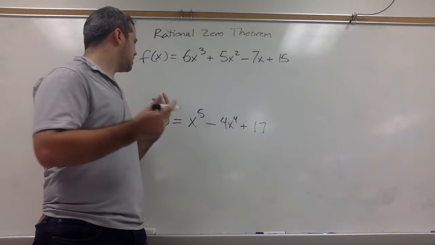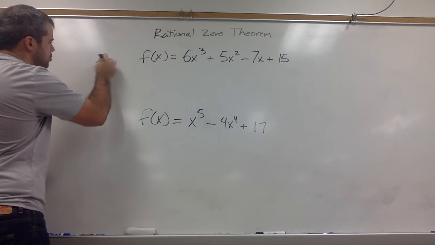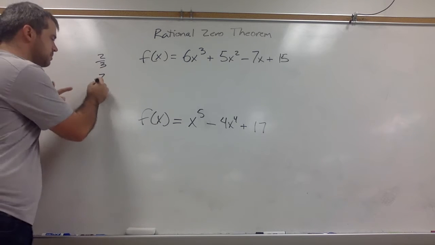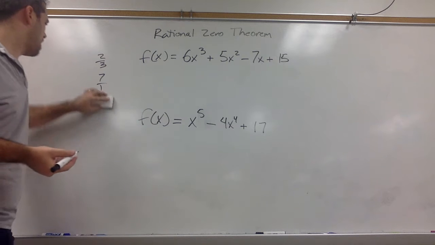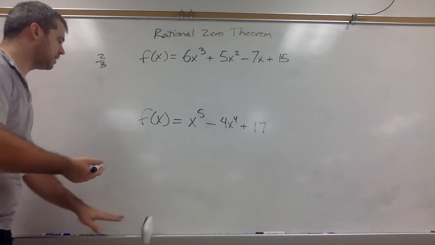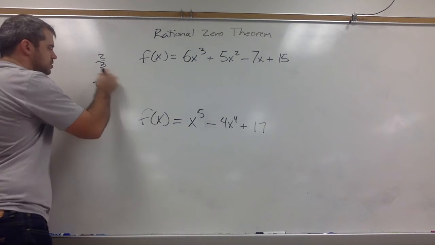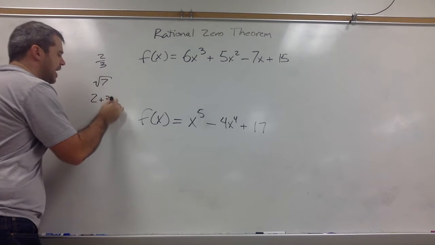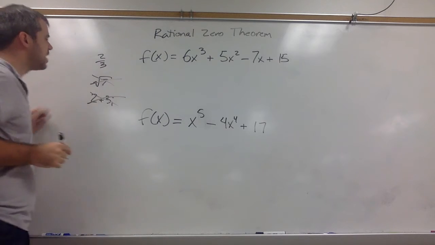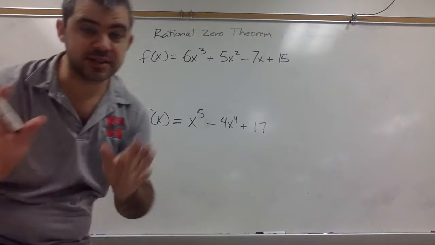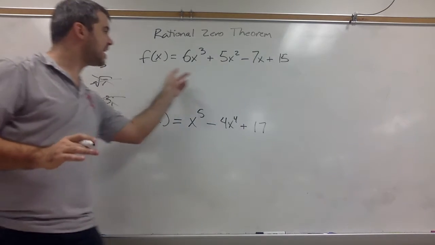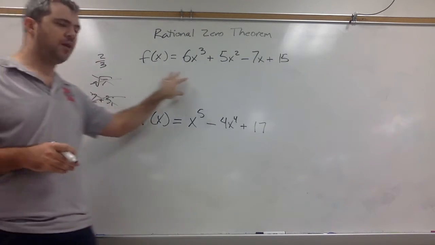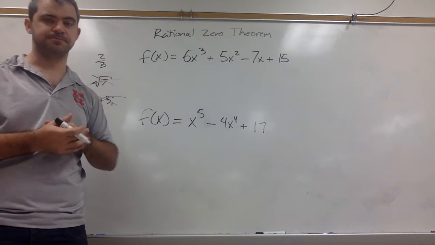Now, remember, rational zeros are something like 2/3 or 7, because 7 could be written as a ratio as well. That's like 7/1. It won't help us find irrational stuff like square root of 7 or complex stuff like 2 + 3i. So it won't help us find these, but if, and that's a big if, this thing has rational zeros, it's going to be on this list that we make right here.